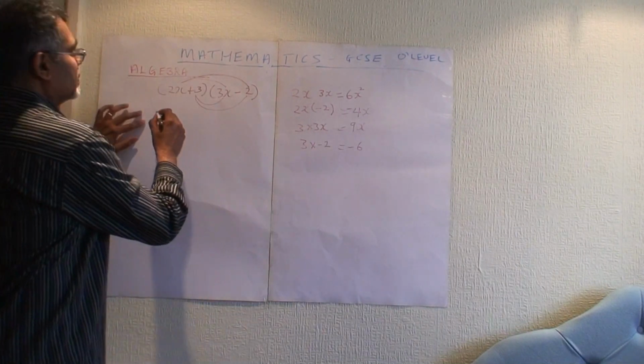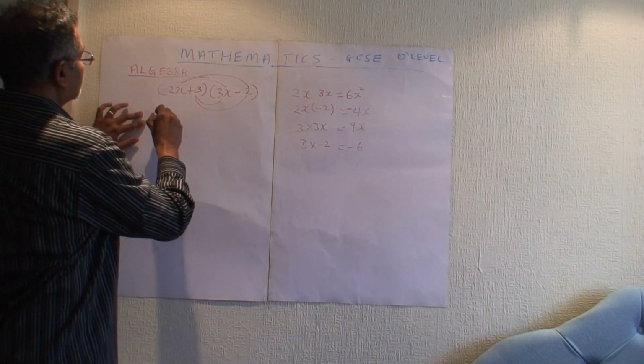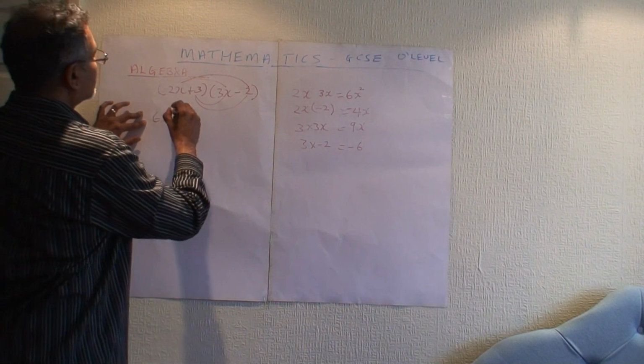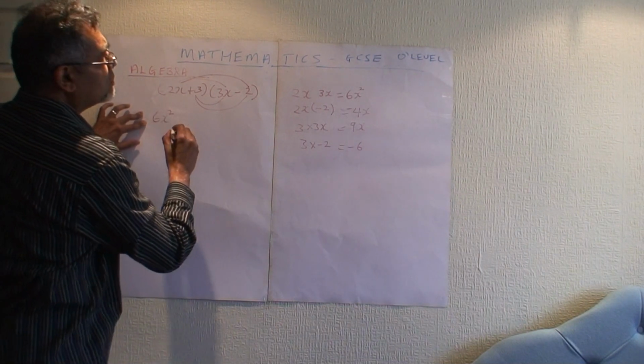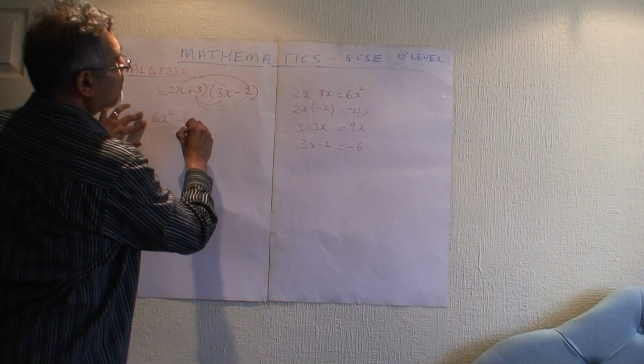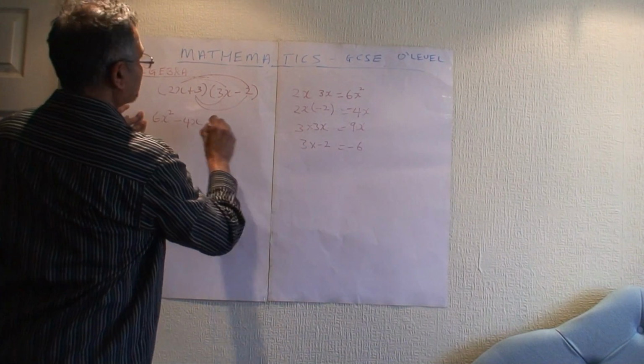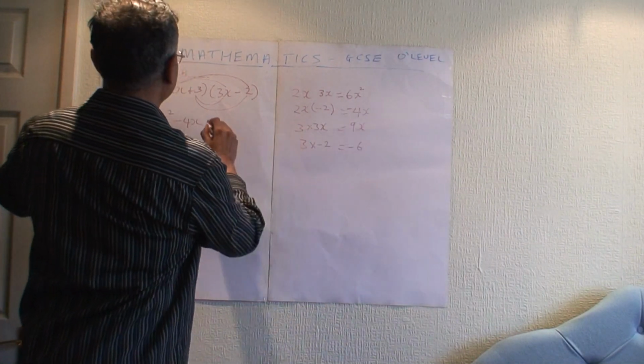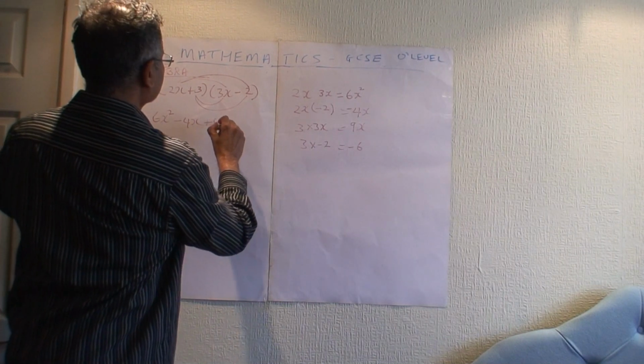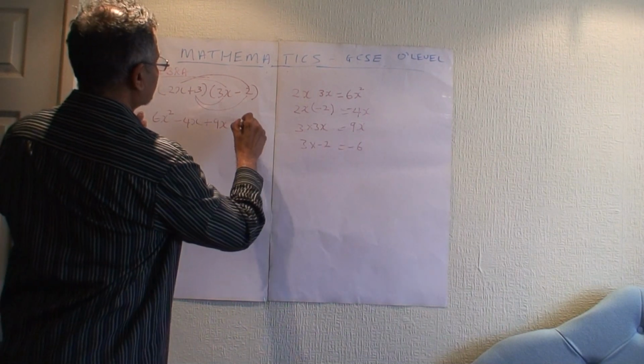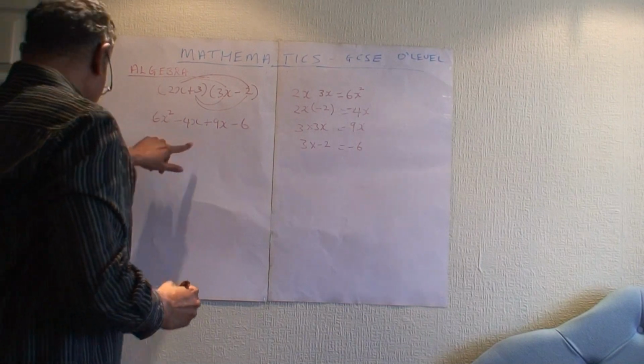So we have 6x squared minus 4x plus 9x minus 6.